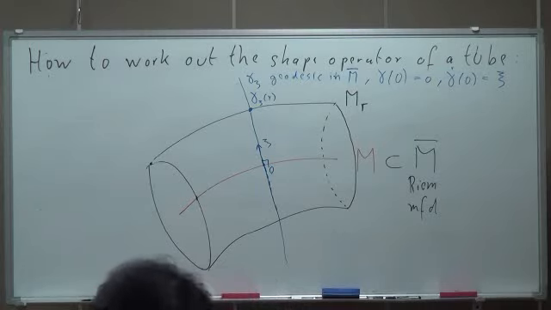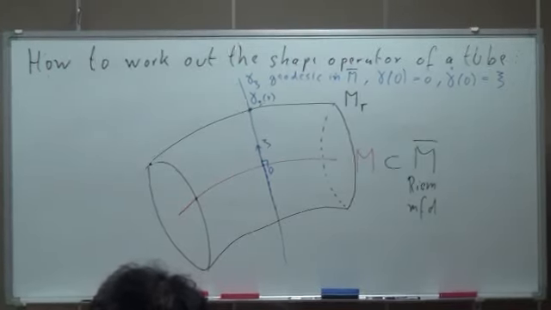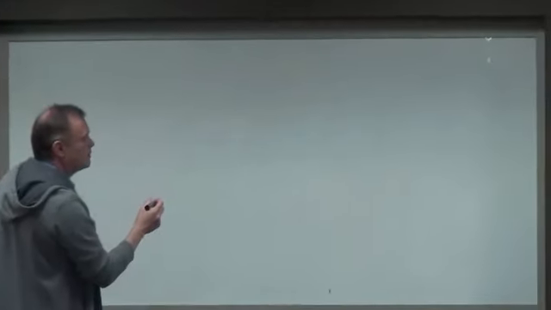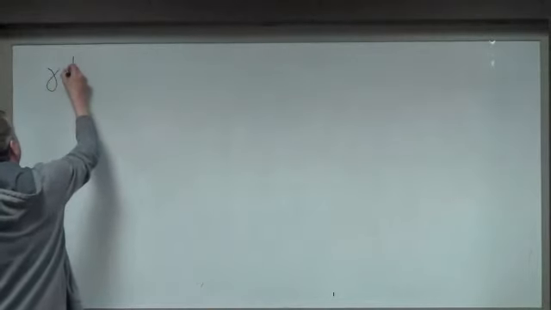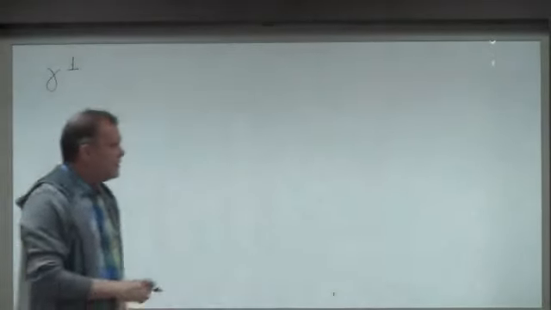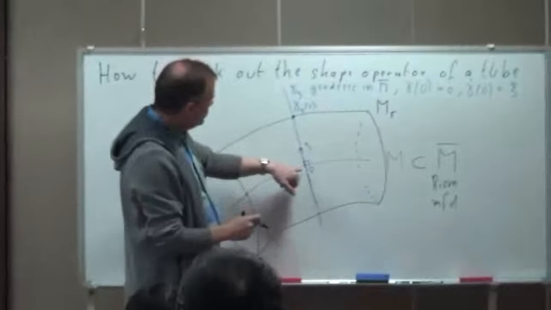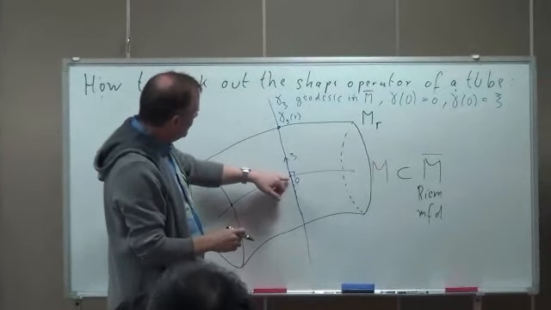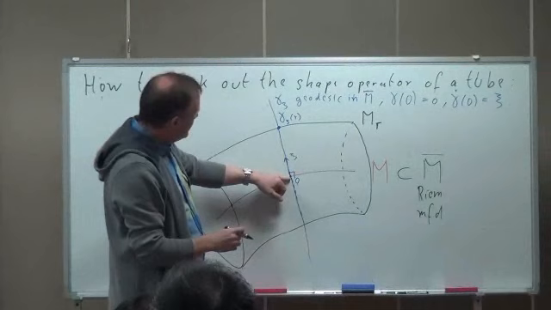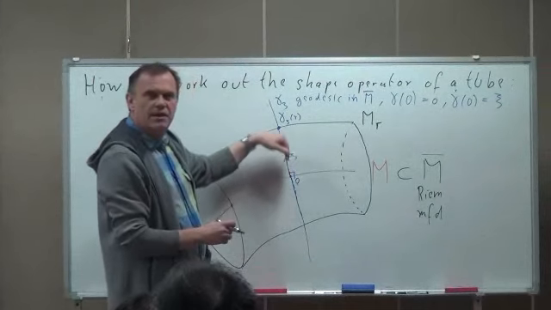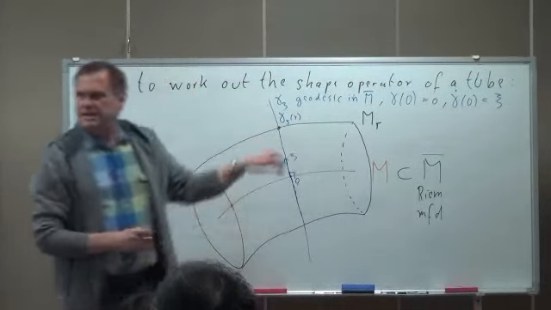I define gamma perp as a vector bundle along this geodesic, which consists of all the hyperplanes which are perpendicular to the tangent vector of the geodesic.